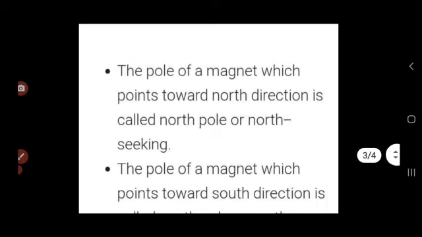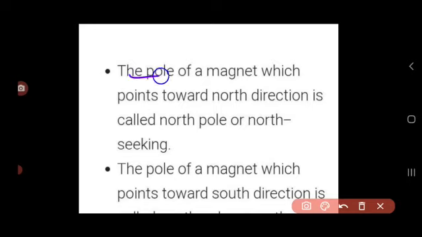And suppose you break the magnet in two pieces, then what has happened? Two portions are obtained, and these two portions contain separate north and south poles. So obviously these two pieces are acting like magnets.